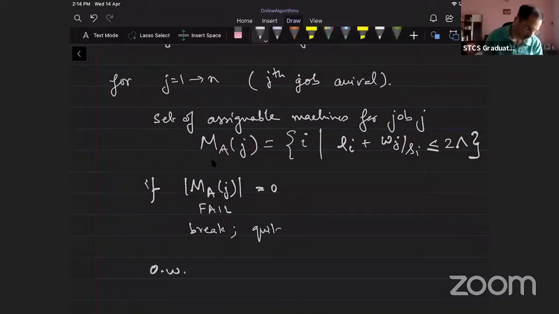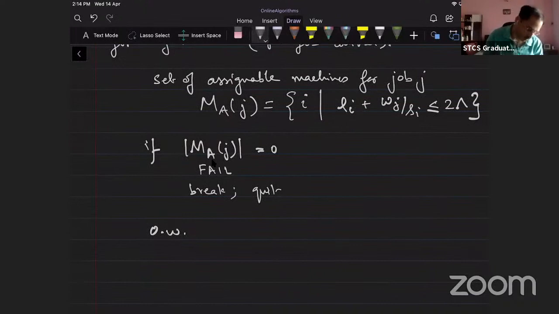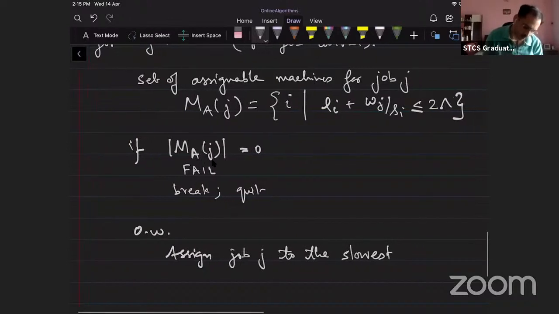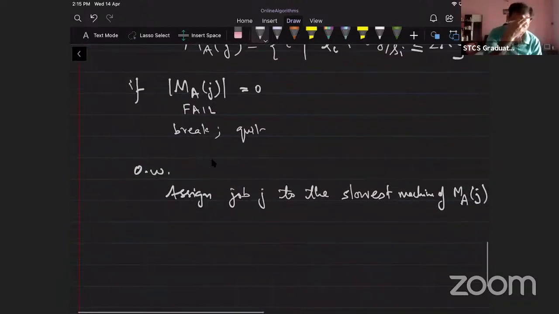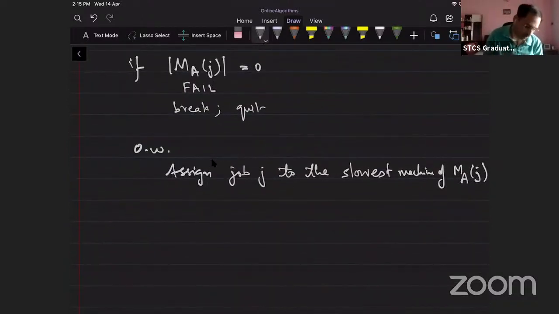Otherwise, assign job j to the slowest machine, or the machine with the slowest speed, of MA of j. So among the assignable machines, pick the machine which has the slowest speed and assign job j there.